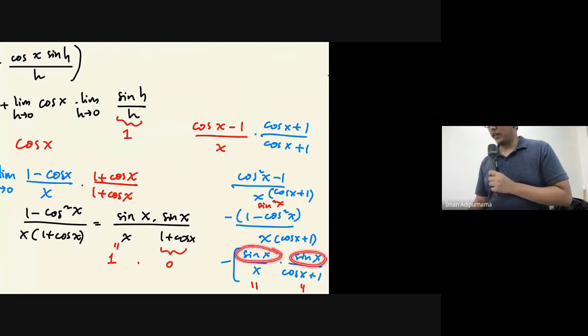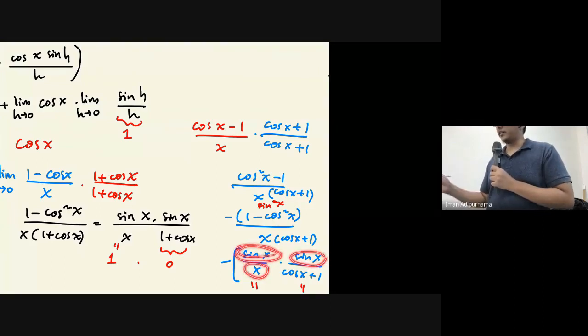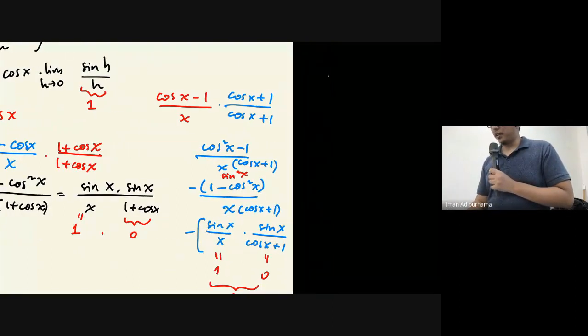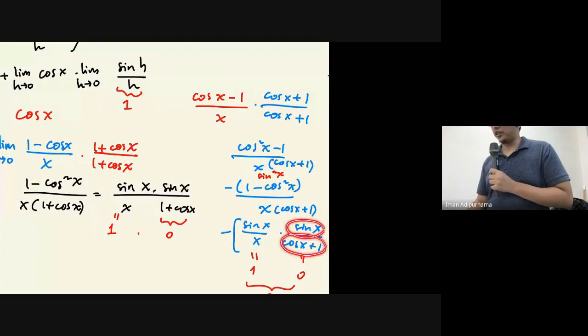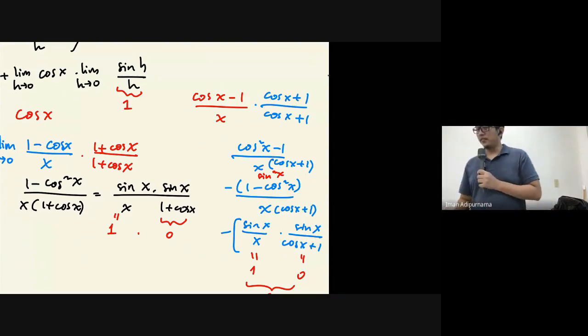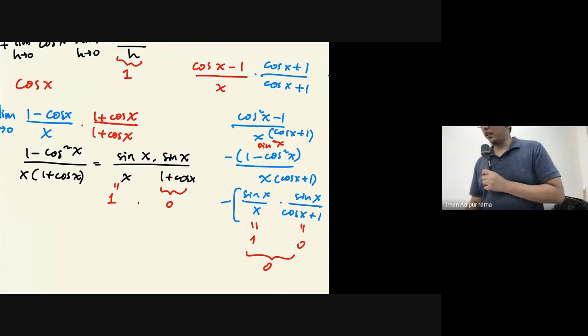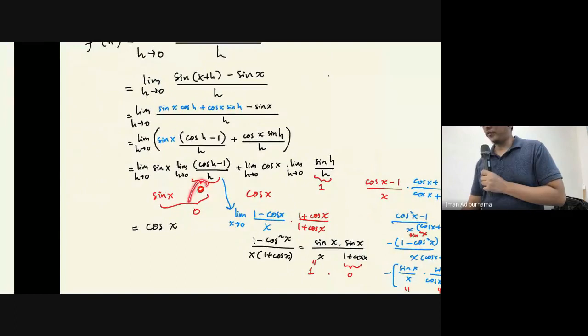The sine x over x, as limit x goes to 0, is 1, right? The other part, sine x over cos x plus 1: plug in x is 0, sine is 0. This is 1 plus 1, 2 over 2. 0 over 2 is 0, right? And because you are multiplying with 0, all of this result will be 0. So that's why here you have 0.